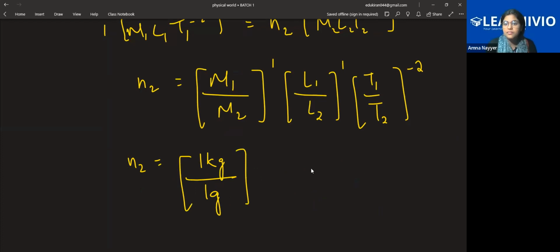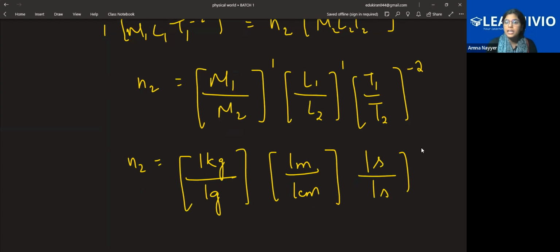Length, 1 meter, and L2 in CGS is 1 centimeter. T1, 1 second by 1 second to the power minus 2. 1 second divided by 1 second would get cancelled.